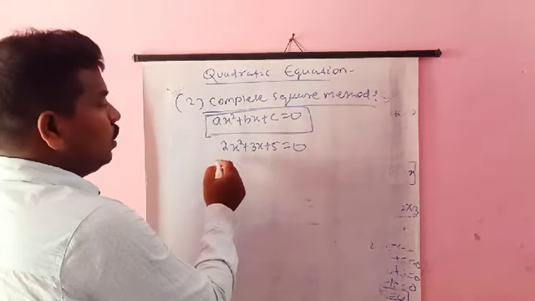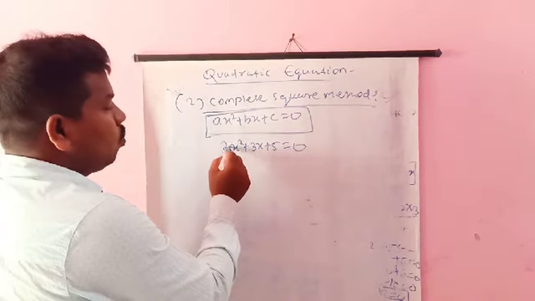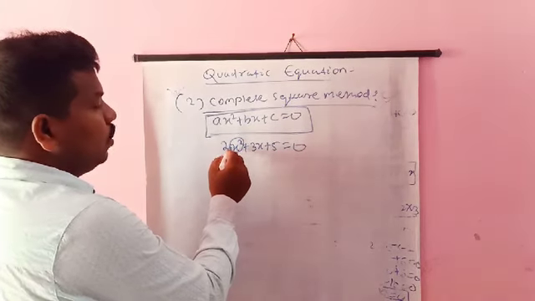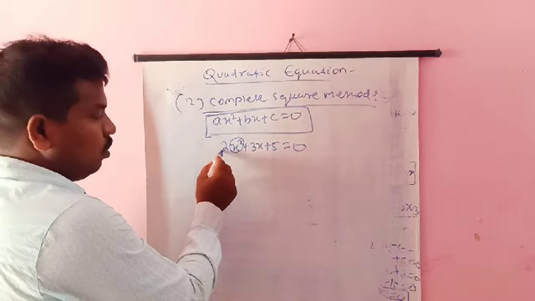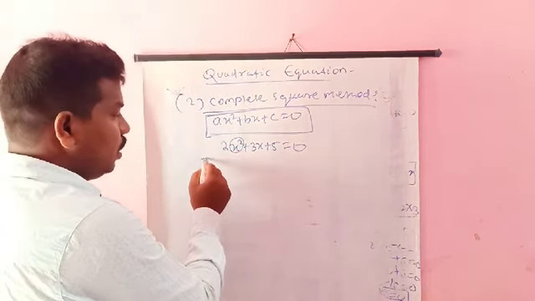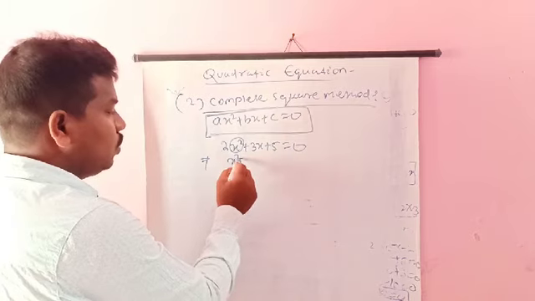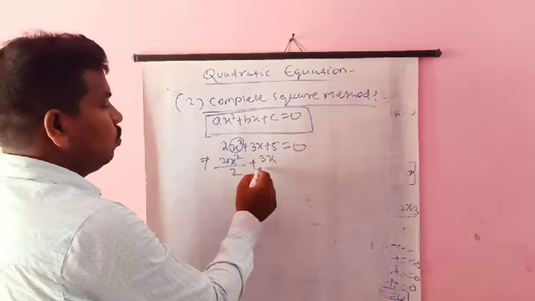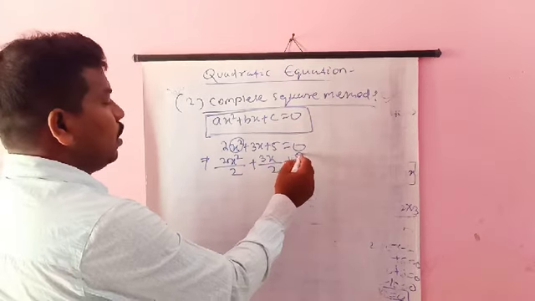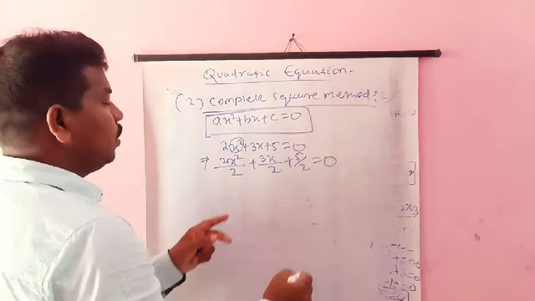Before that, we first check the coefficient of x square in the given quadratic equation. Here the coefficient of x square is 2. So in the next step we must divide each term by 2: 2x square by 2, 3x by 2, plus 5 by 2. Why do we divide by 2?